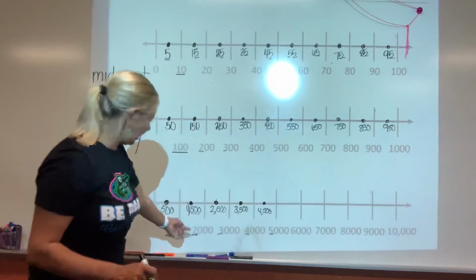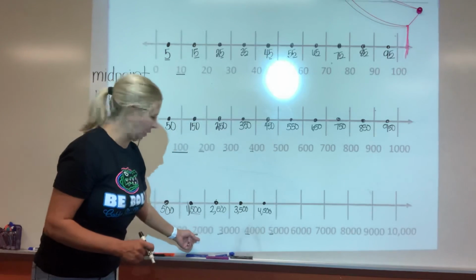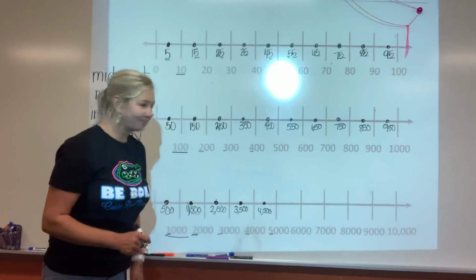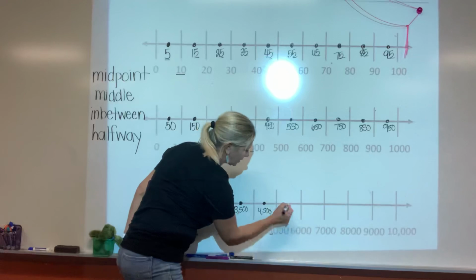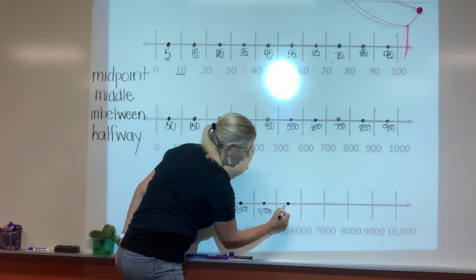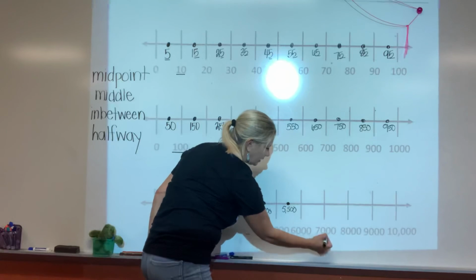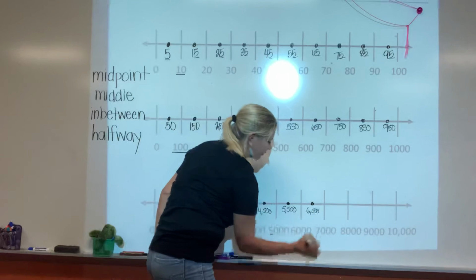We're just using the numbers that they're in between, the first number that they're in between, and then adding 500. Okay? 5,000, 6,000 would be what? 5,500. 6,000 and 7,000, the midpoint would be 6,500.